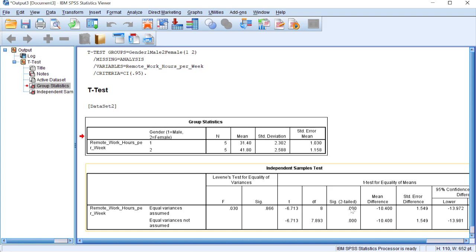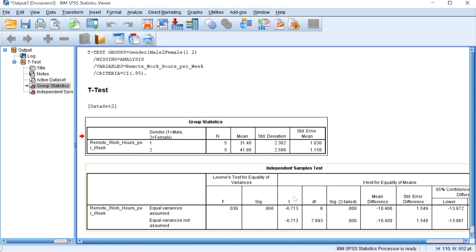So it's worth comparing. And the statement is really right: remote work hours per week for female is higher. So that means females can work longer hours when they are doing a remote job. Is that clear? So there's a hypothesis to really work on.